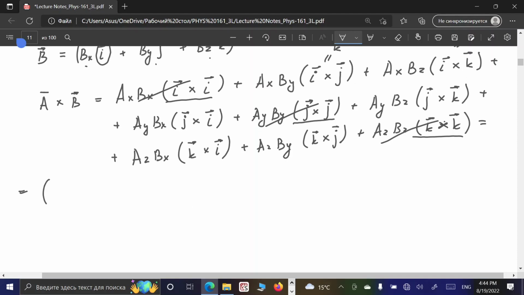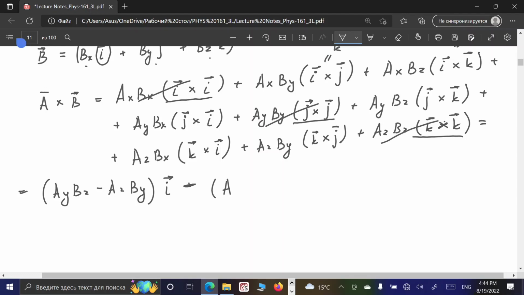So it will be ay times bz minus az times by, times i unit vector. Here we put minus.